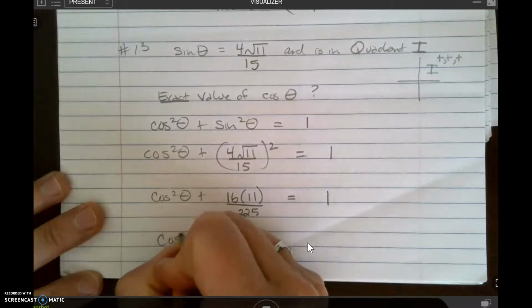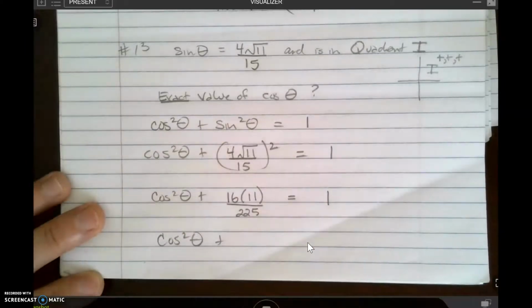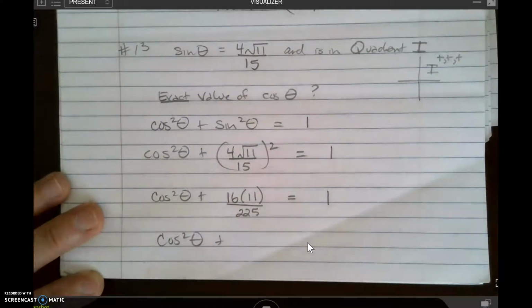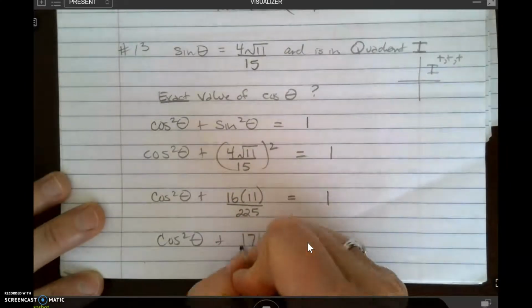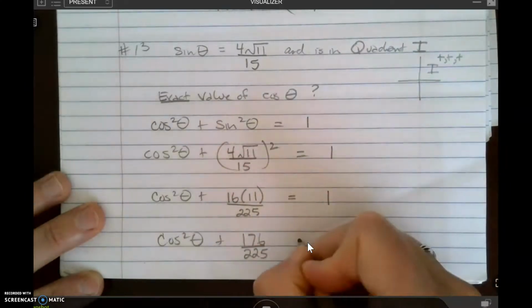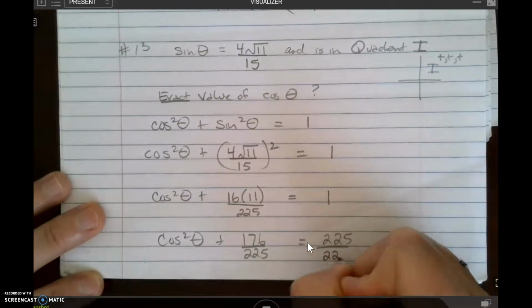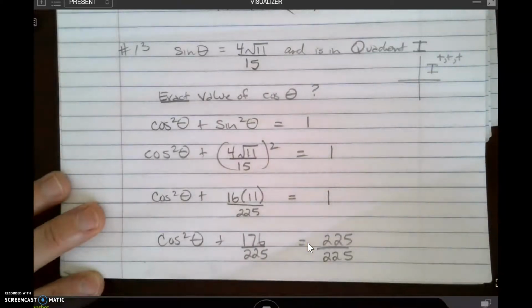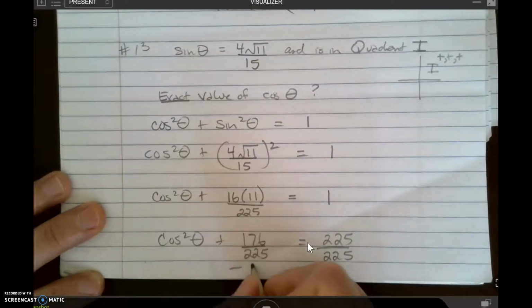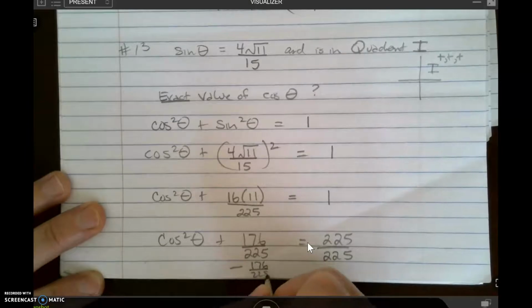Cosine squared of theta plus, when I do 16 times 11, I get 176 over 225 equals, I'm going to call this 225 over 225. Since I'm solving for cosine, I'm going to subtract the 176 over 225.